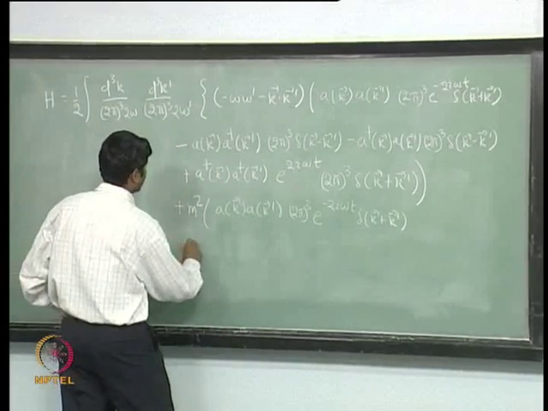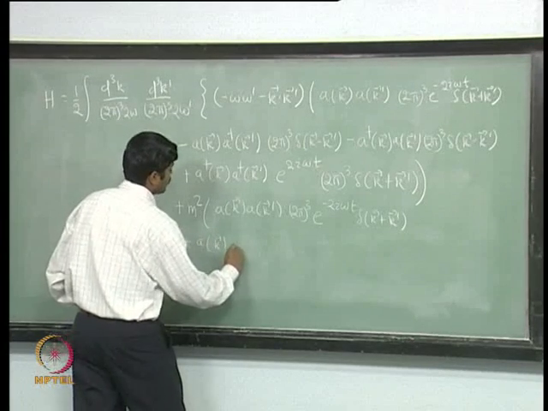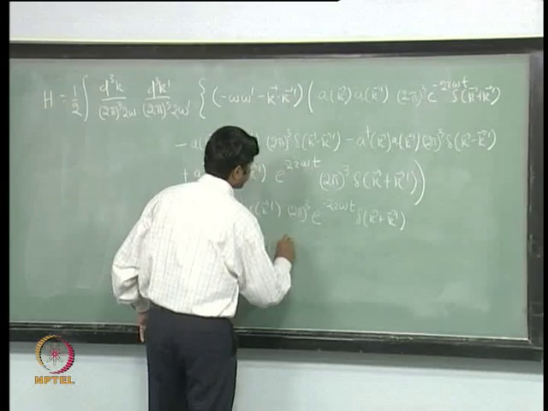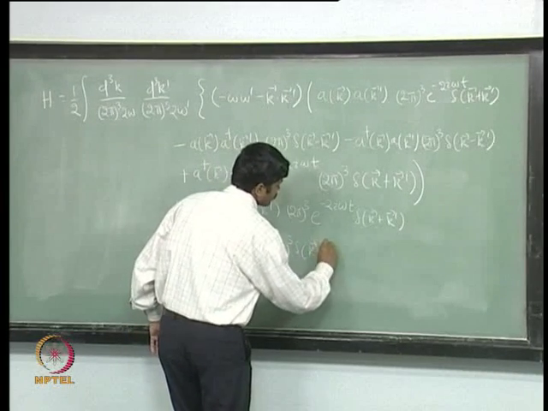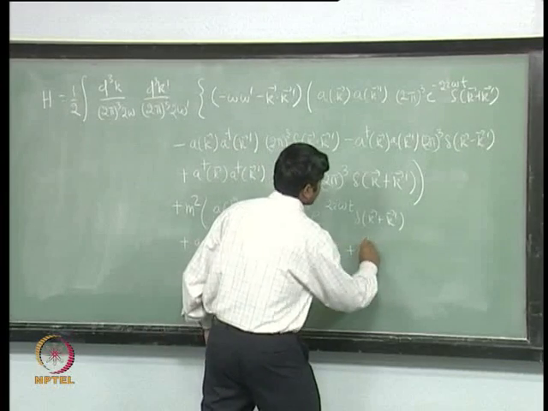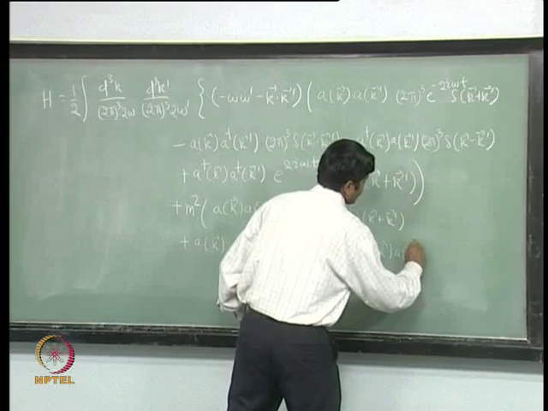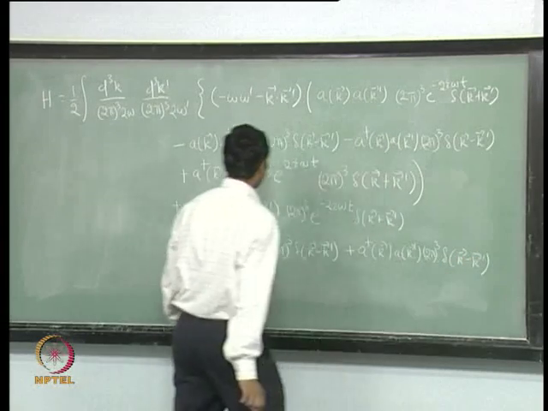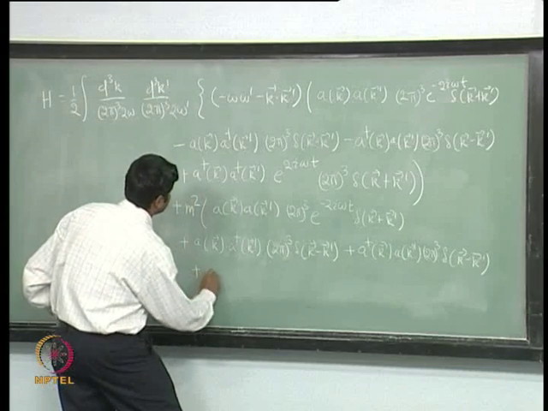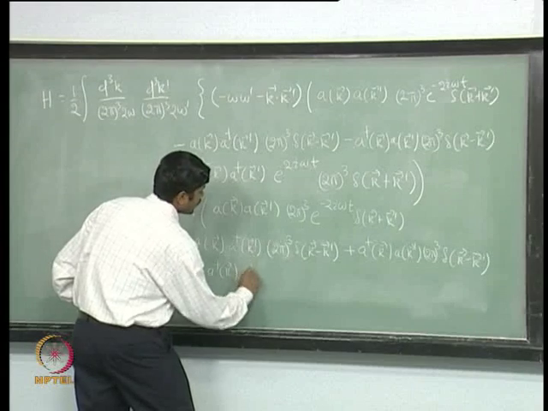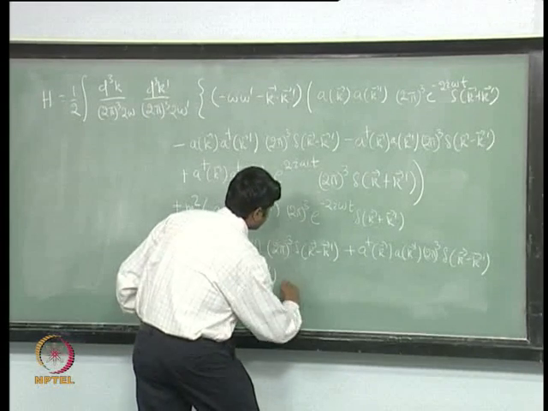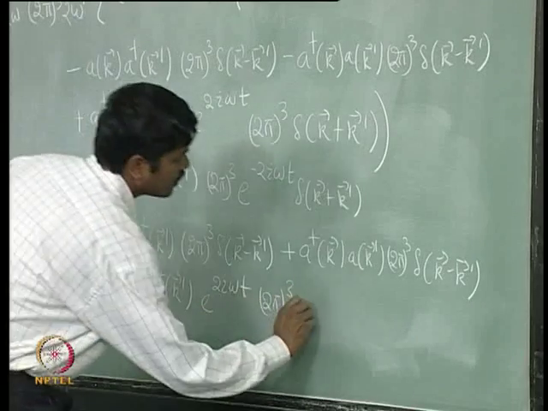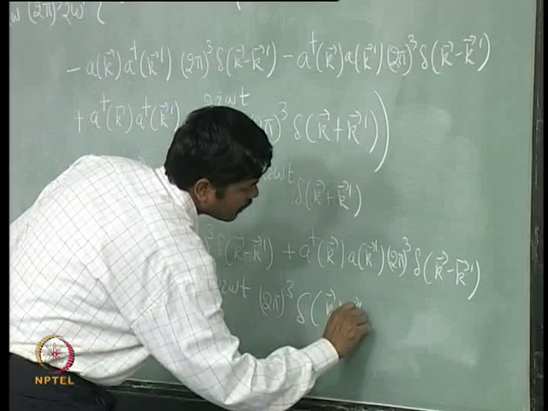The second term is plus a k a dagger k prime, plus a dagger k a k prime 2 pi cube delta of k minus k prime, and finally I have this term, plus a dagger k a dagger k prime e to the power 2 i omega t 2 pi cube delta of k plus k prime.